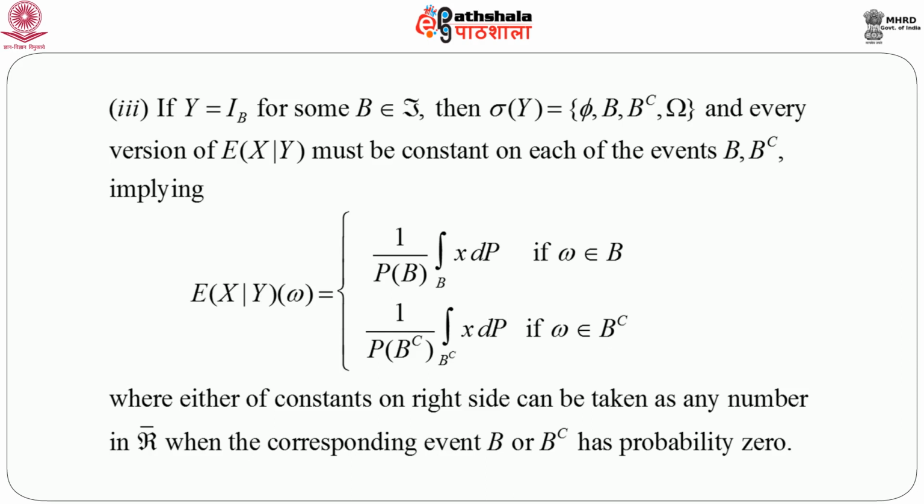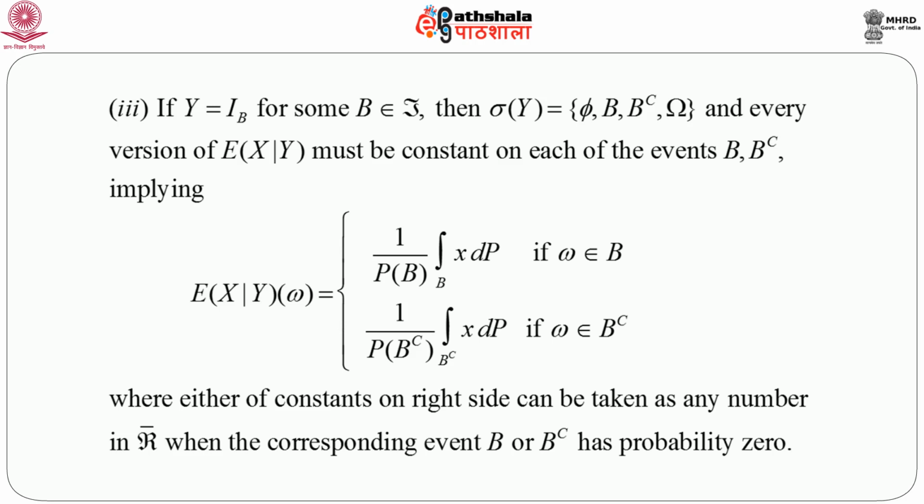And every version of the expectation of X given Y must be constant on each of the events B, B complement, implying that the expectation of X given Y at omega equals 1 by probability of B times the integral over B of X dP if omega belongs to B, and if omega belongs to B complement, this will be 1 by probability of B complement times the integral over B complement of X dP.